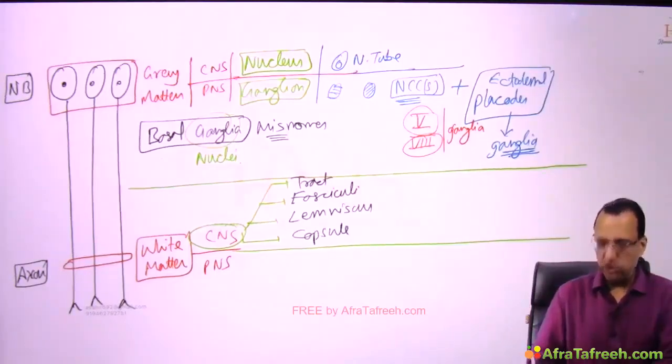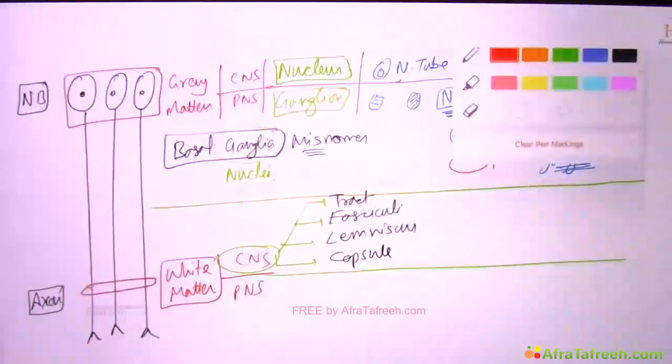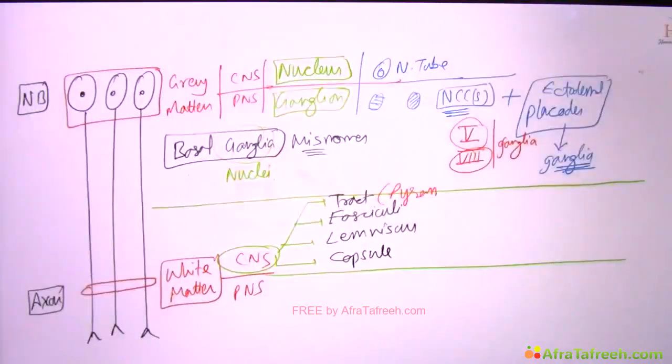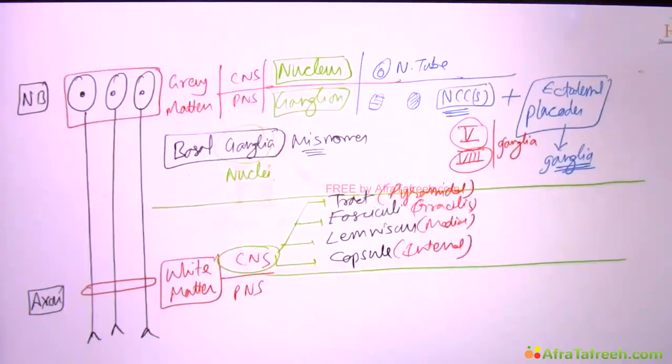For example, this could be a pyramidal tract, or fasciculus gracilis, or medial lemniscus, or internal capsule. So if I have a collection of axons in the central nervous system, then various terminologies are used like tract, fasciculi, lemnisci, capsule. Yes.